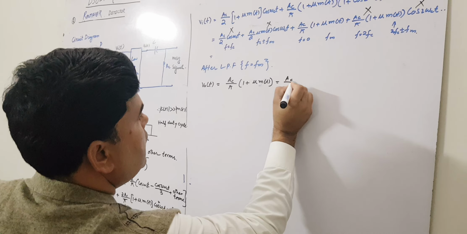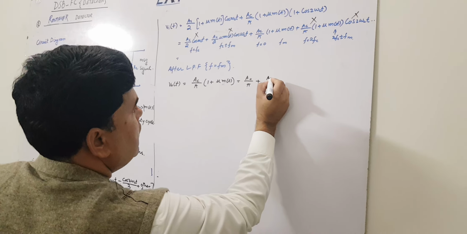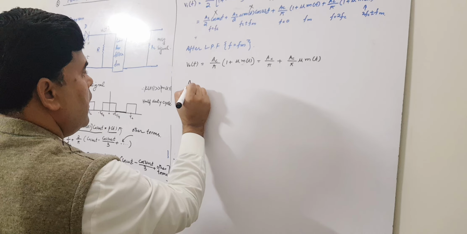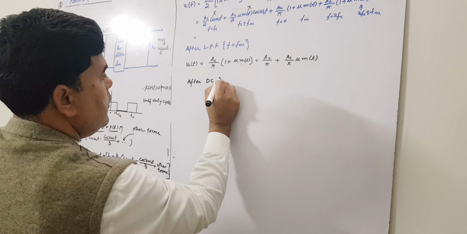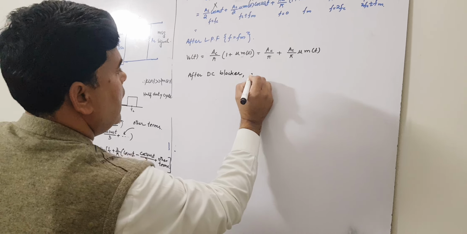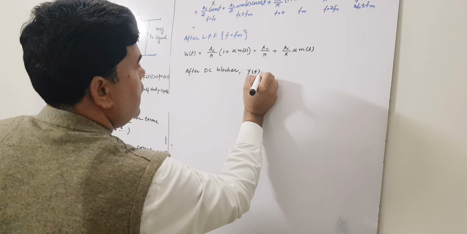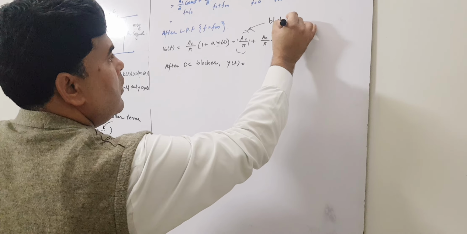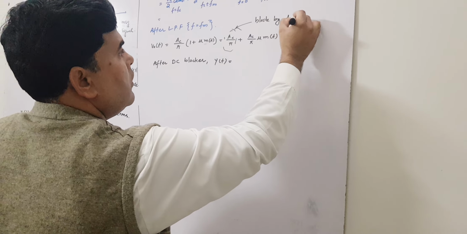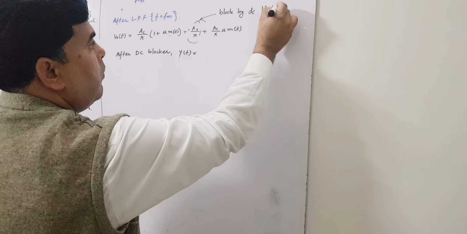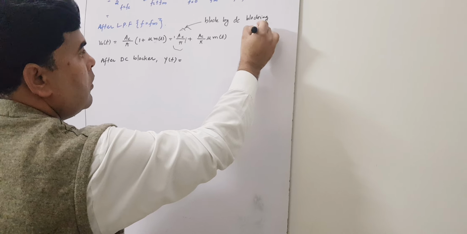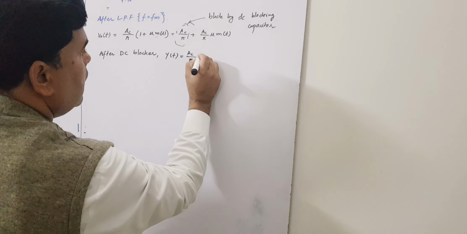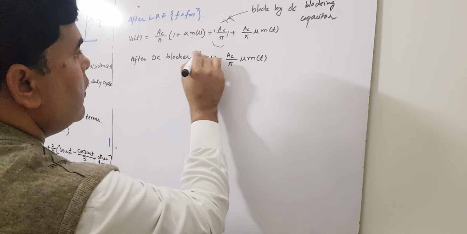You can say it is Ac by pi plus Ac by pi mu m(t). After the DC blocker, you will end up with y(t): the DC term is blocked by the DC blocking capacitor, and the output will be Ac by pi mu m(t).